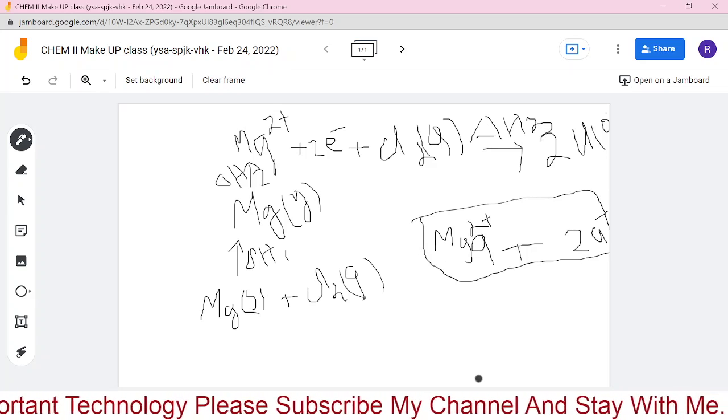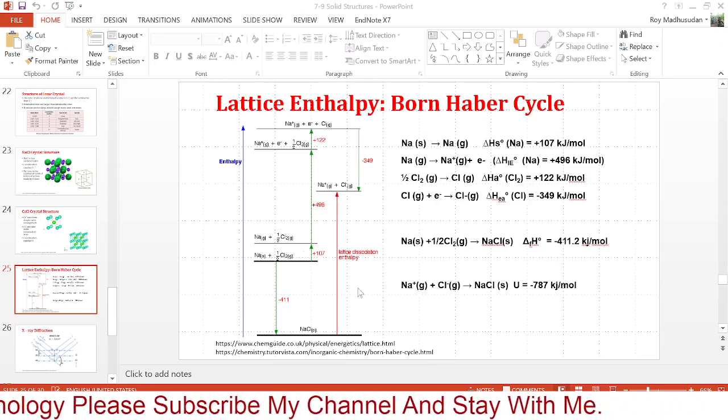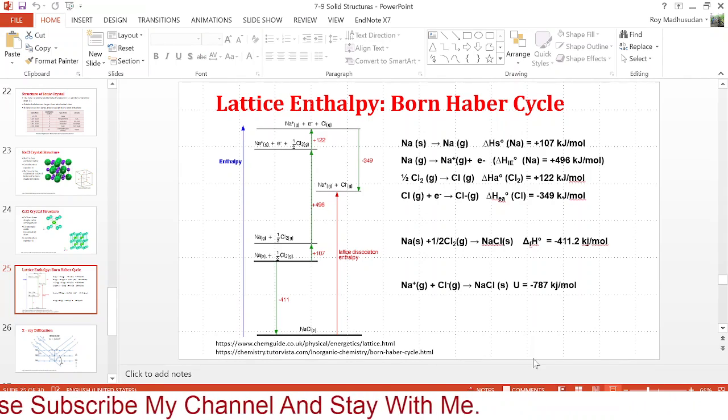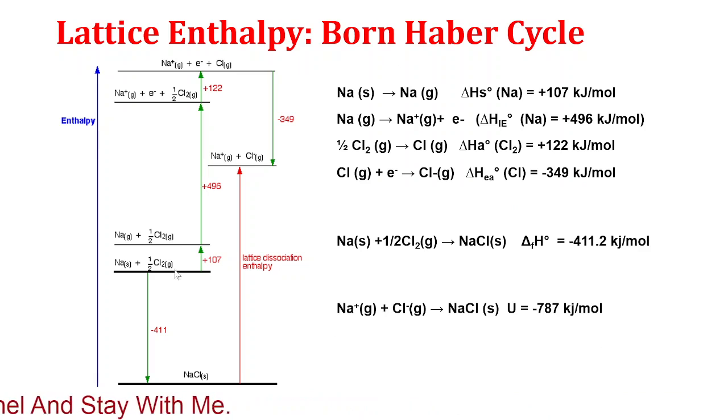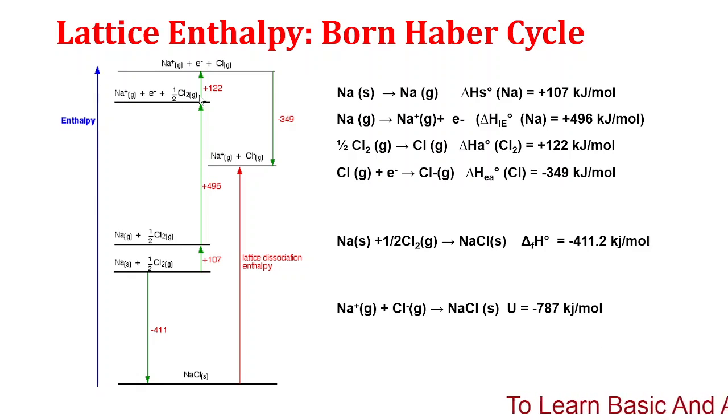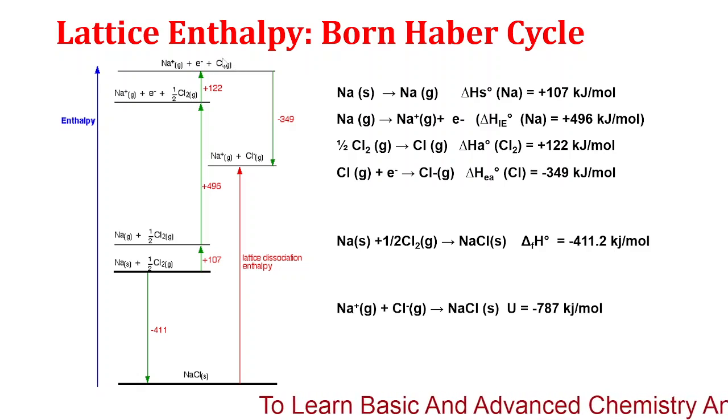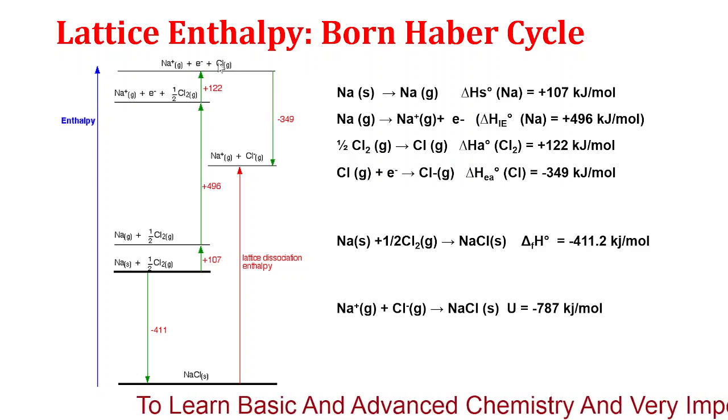That means magnesium in solid, what we have shown here previously. So we have started from here. First we converted the sodium into sodium gas, then we converted sodium into sodium plus by removing one electron, then converting the chlorine molecule into chlorine atom.